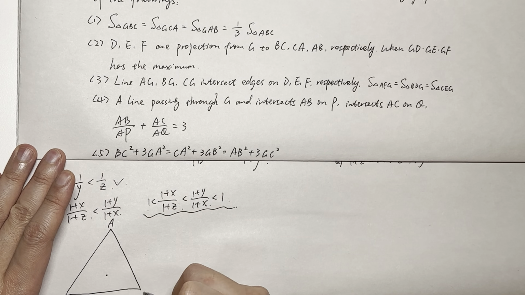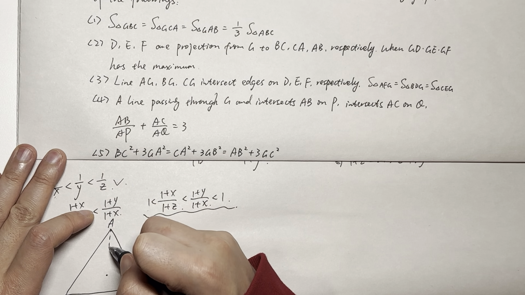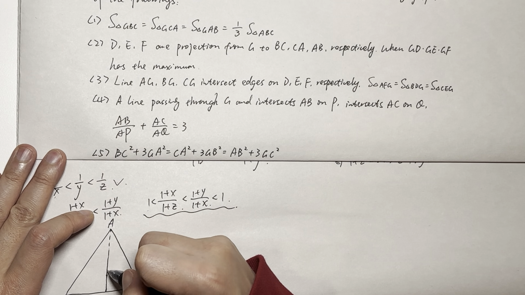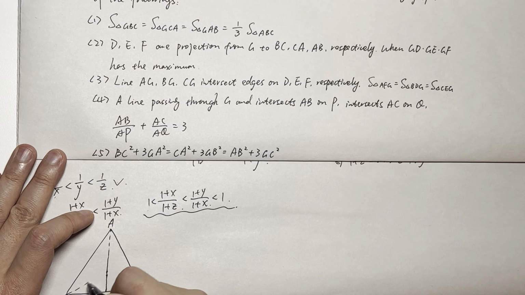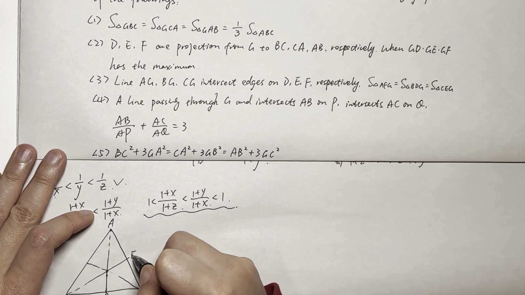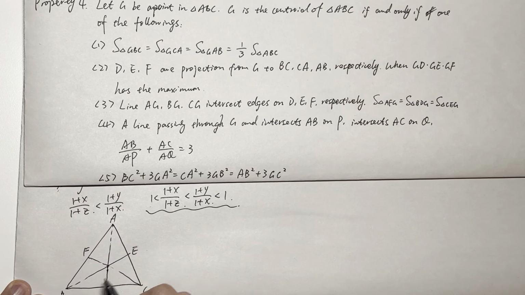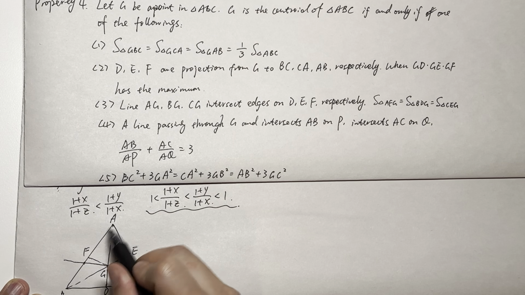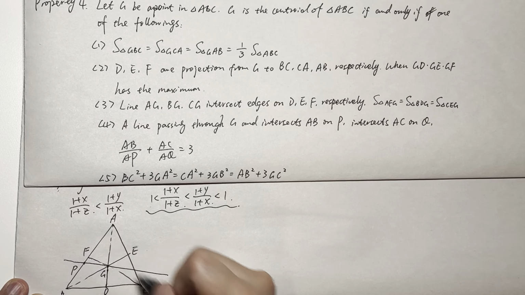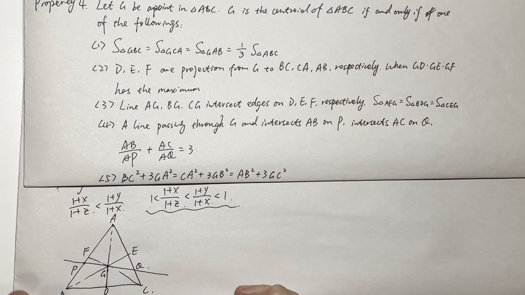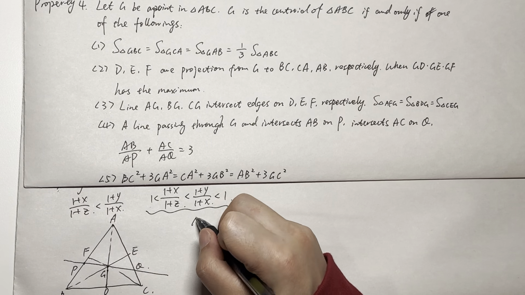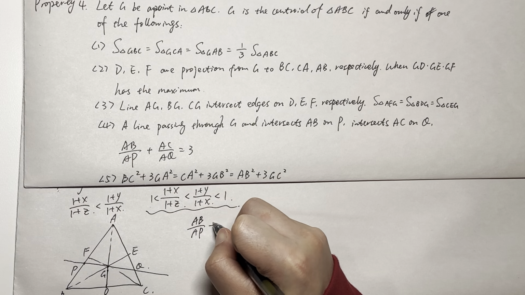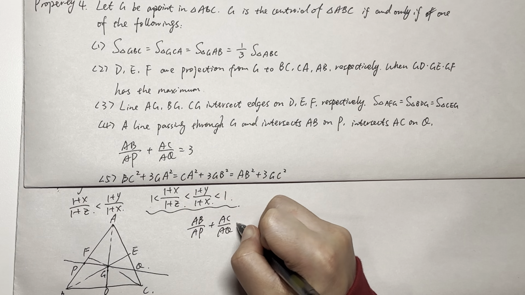A, B, C. Let's consider the centroid here, right? A, D, B, E, C, F. And we have a line passing through the centroid. It intersects AB on P, and intersects AC on Q. We want to prove that AB to AP plus AC to AQ equals 3.